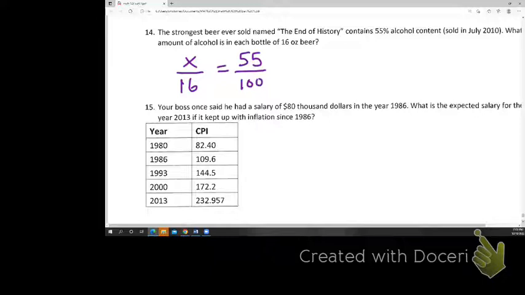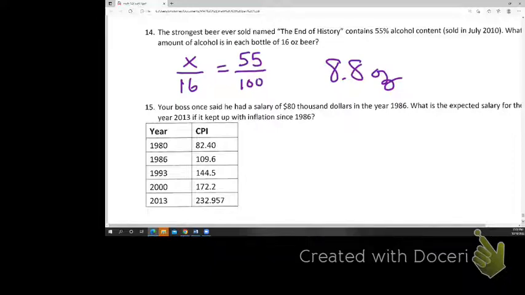Right, because that's times X. So then we should get 8.8. And again, 50% is half. So just as a benchmark, if it's 55%, it has to be more than half alcohol. So 8.8 ounces.